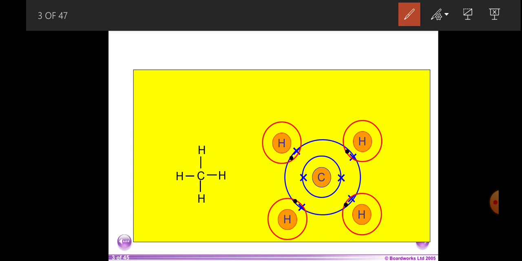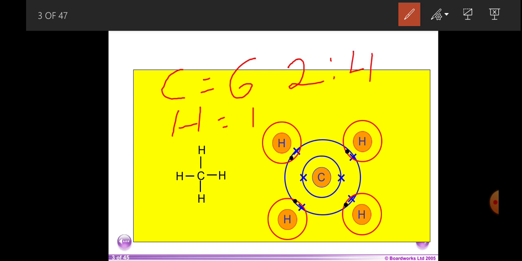So in form 2, we realized that carbon can form a covalent bond with hydrogen. We all know that carbon has 6 electrons and hydrogen has 1 electron, and the 6 of carbon give us the electron configuration of 2:4, and hydrogen gives us the electron configuration of 1.